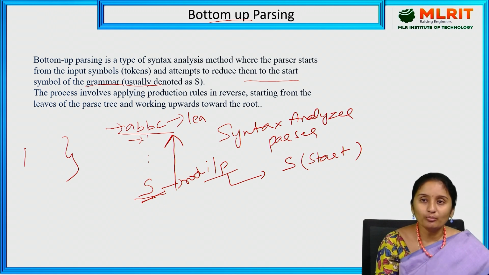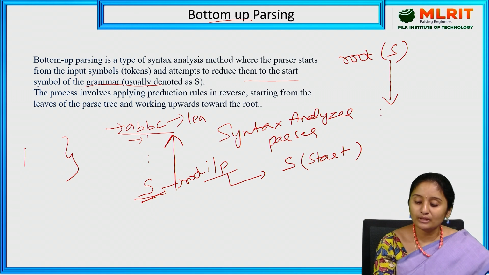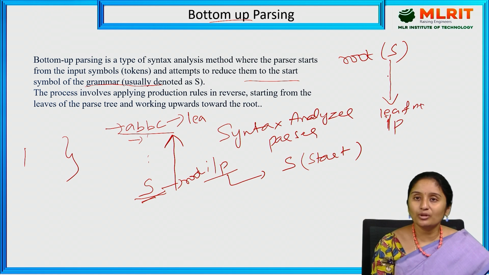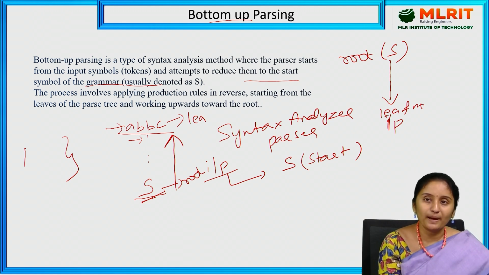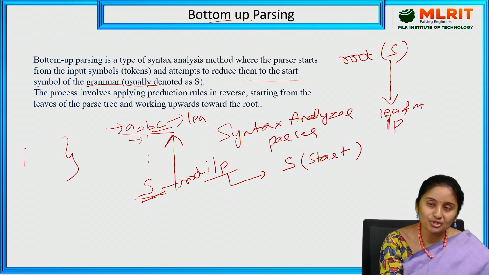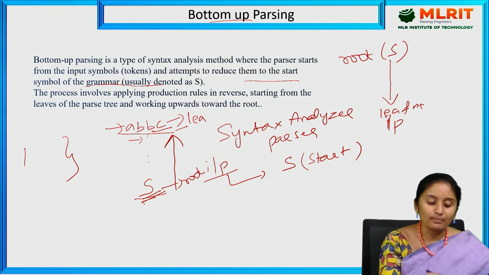In top-down parsing, we start from the root node, from S, and derive until we get a leaf node, that is, the input string. But in bottom-up parsing, we take the input string, the leaf nodes, and generate the start symbol, in reverse order.